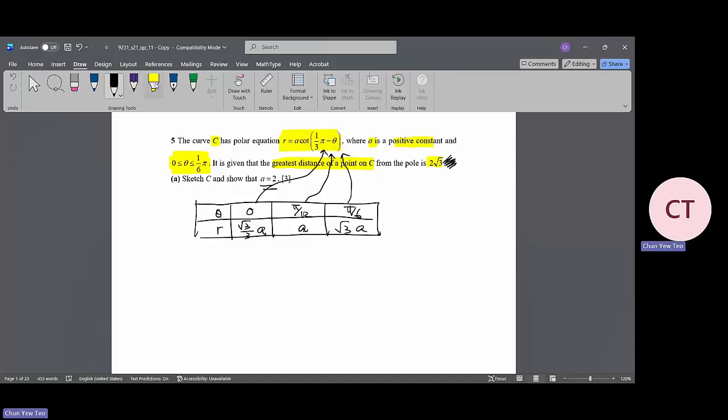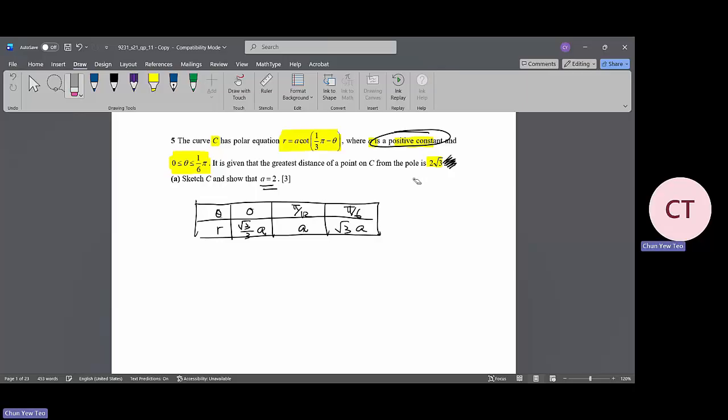So you can see that this is the largest. If a is positive, then this will be the largest. Okay, and then they say that the greatest distance is this. So we know that a is 2.